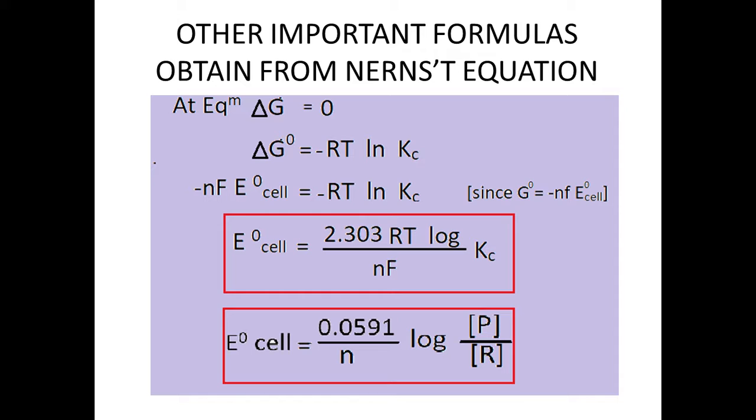From class 11 chapter number 7, equilibrium, we already learned that at equilibrium the change in Gibbs free energy must be equal to 0. So by replacing del G with 0, we got the final equation del G naught is equal to minus RT ln Kc.